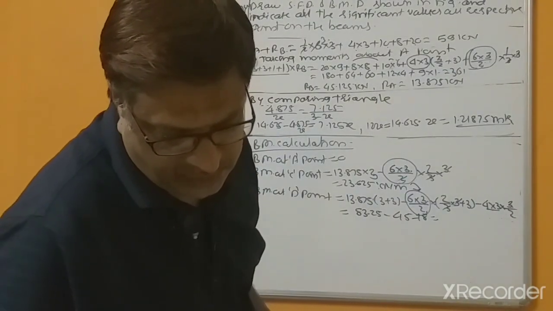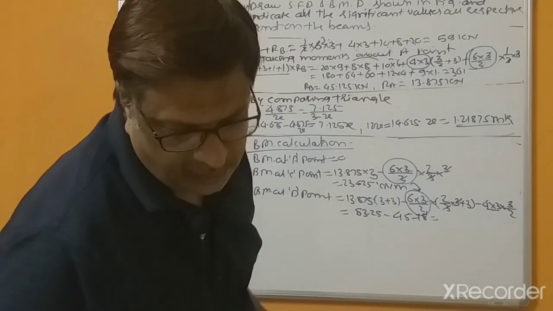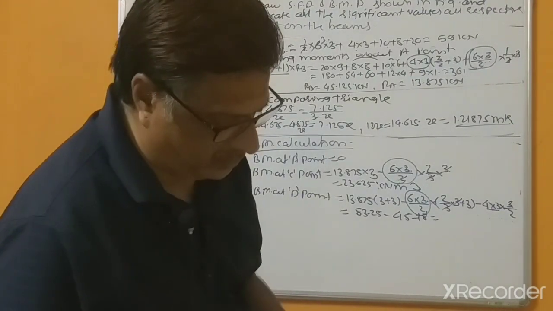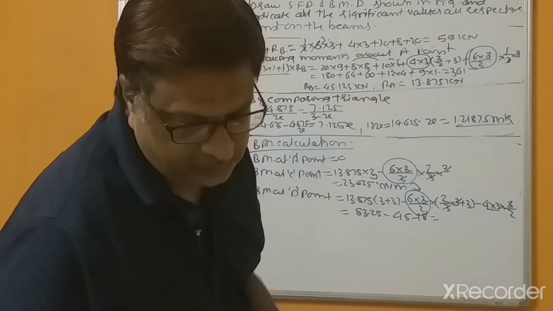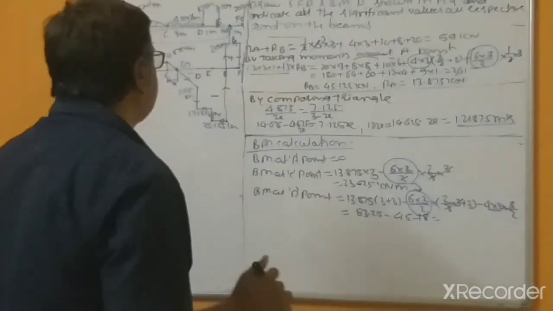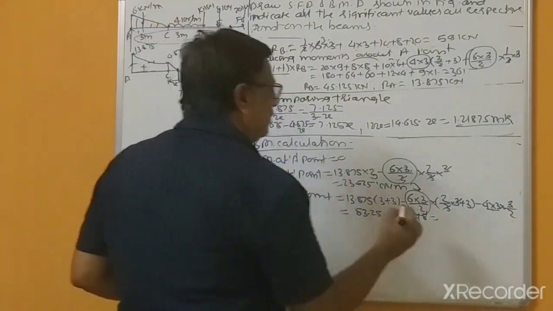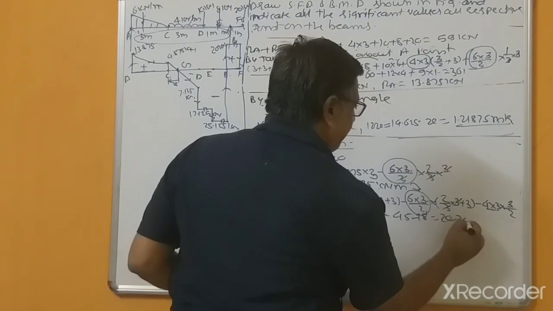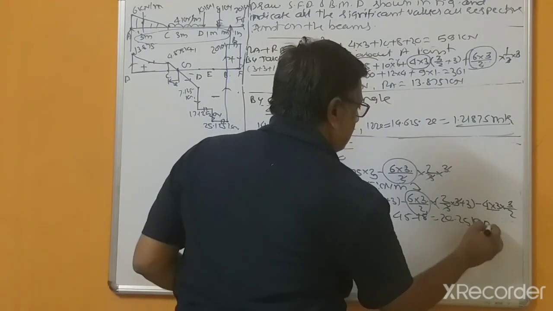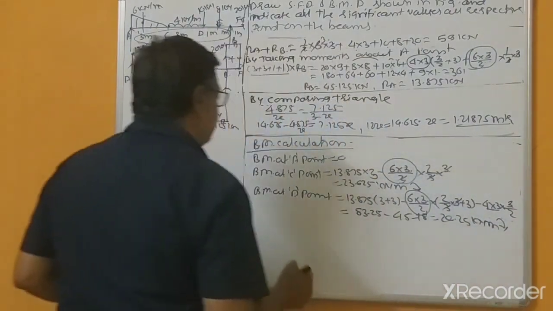Is there any mistake? Right, this is 20.25 kilonewton meter. Again, this is clockwise.